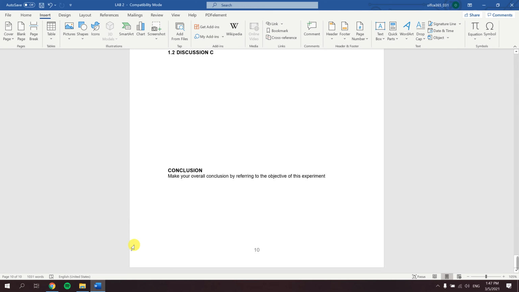So for the conclusion, today I was able to learn how a comparator and a summing amplifier work. As we can see, the comparator has two modes, zero level and non-zero level. Non-zero level depends on the V reference, and zero level depends on the zero point of the waveform.